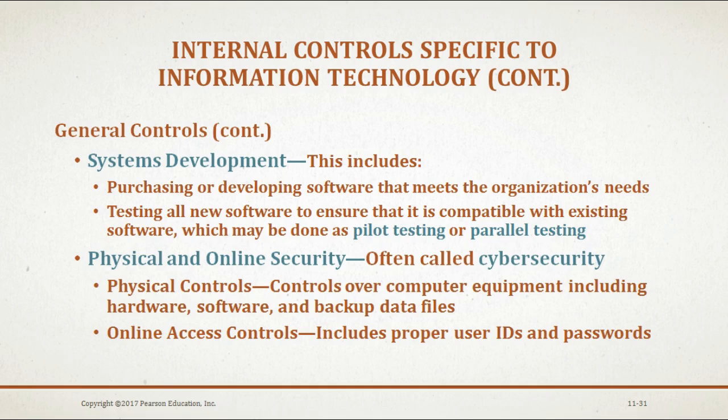Physical and online security is often called cybersecurity. Physical controls are general controls over computer equipment, including hardware, software, and backup data files. Online access controls are general controls that include proper user IDs and passwords.